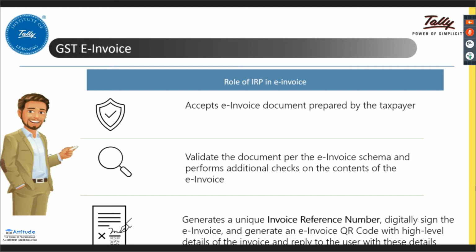It is an alphanumeric character, with a digital signature along with a QR code. The QR code will be printed on the invoice and that will be sent to the taxpayer automatically. That is the role of IRP. All of this we will have a look at in TallyPrime when it comes to the product demo.